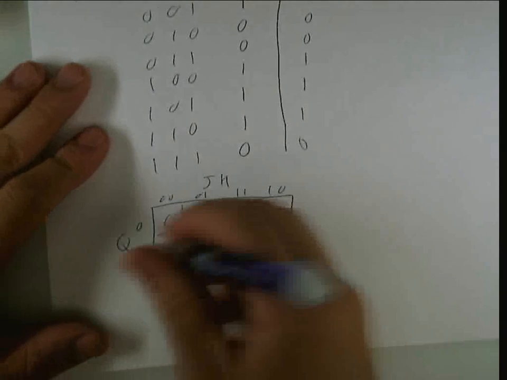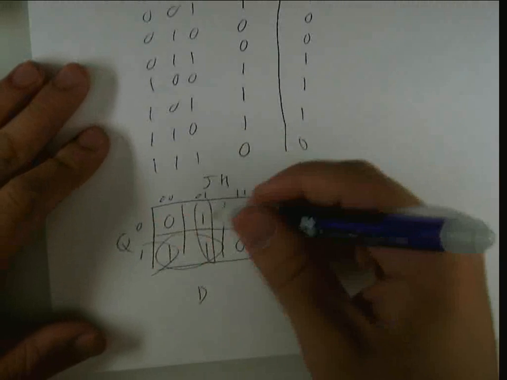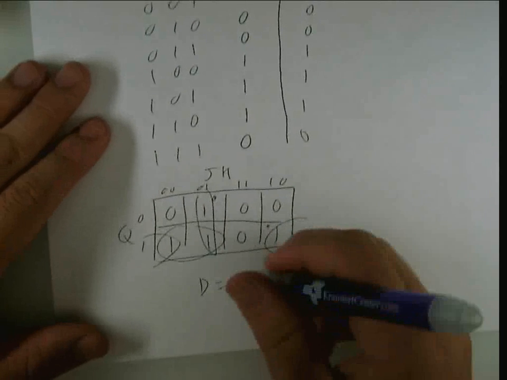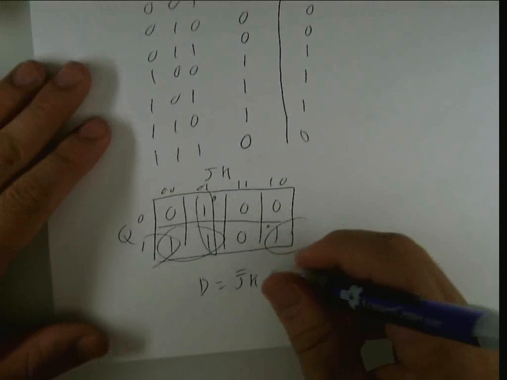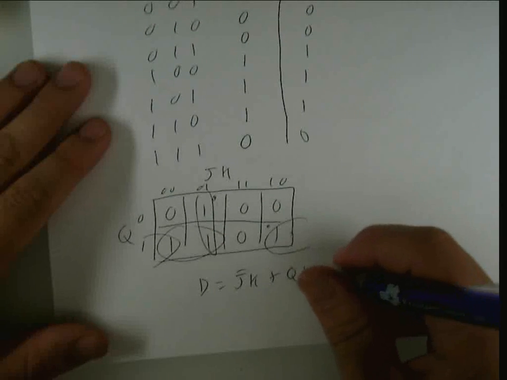So we've got that loop, that loop, that loop. So I only need 2 of these. This is essential. This is essential. So D equals J bar K, or Q, so that's K bar.